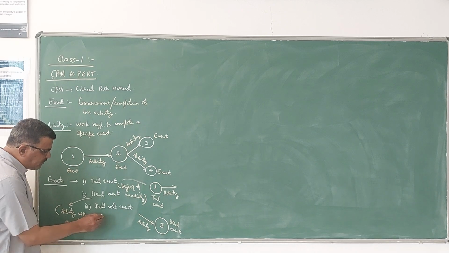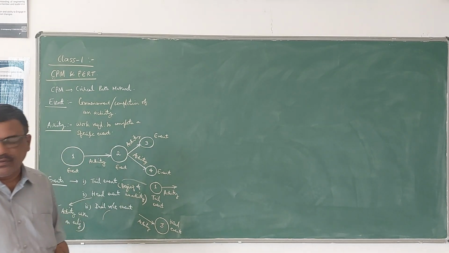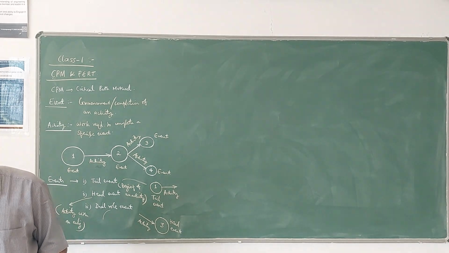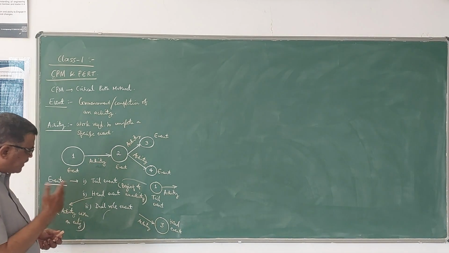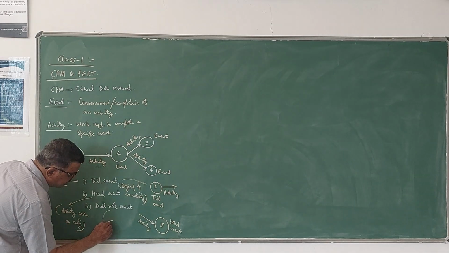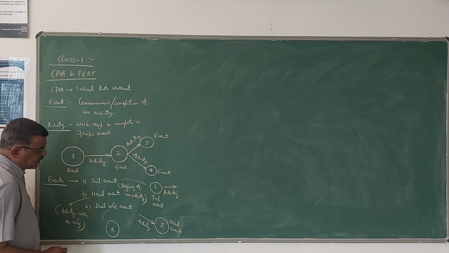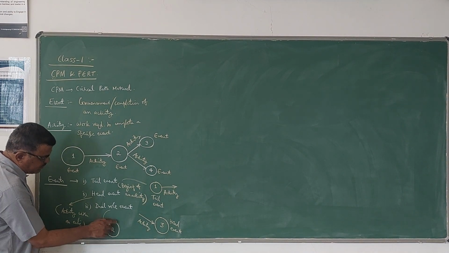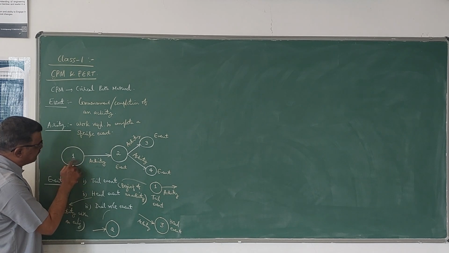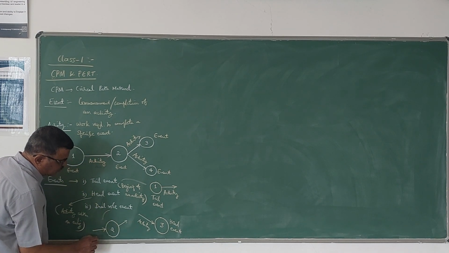A dual role event means some events will have activities on either side. For example, in this example 2 is a dual role event. You can see here 2 becomes the ending of activity 1, 2 and the beginning of activity 2, 3.